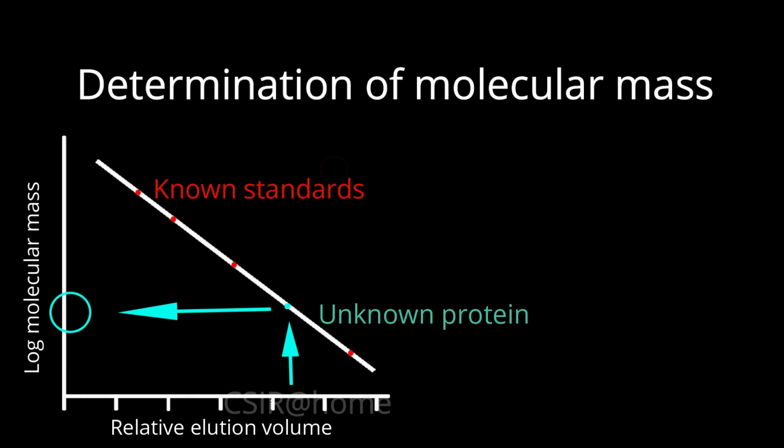There is a linear relationship between the relative elution volume of a substance and the logarithm of its molecular mass over a considerable molecular mass range. If a plot, observe this diagram, is made for a particular gel filtration column using macromolecules of known molecular masses, the molecular mass of an unknown substance can be estimated from its position on the plot.